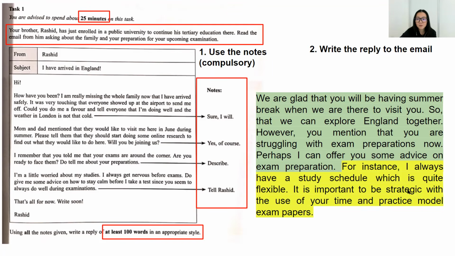It is important to be strategic with the use of your time and practice model exam papers." Of course, whatever you write here doesn't quite matter. It can be any advice. What's important is that you answer the question as per the instructions of the notes, okay?